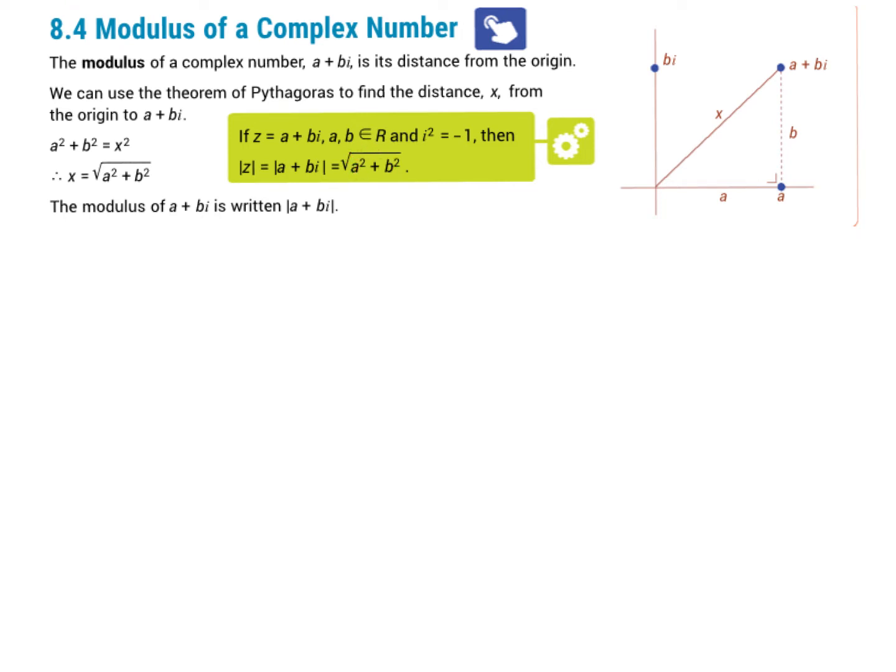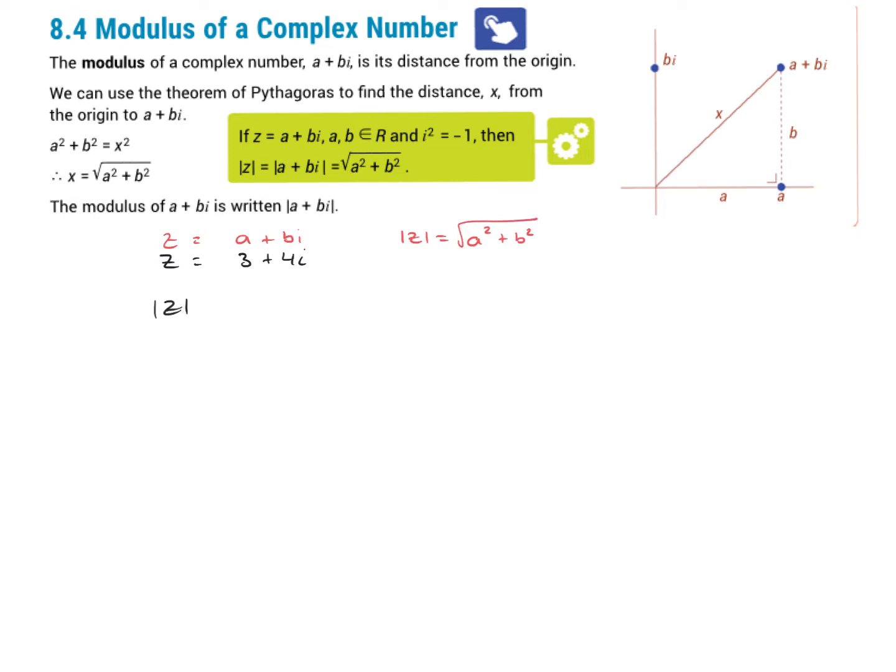Now, how do we do that? It's very, very straightforward. So if I told you that z is equal to 3 plus 4i, and I want to find the modulus of z, well, if I just label it, this here is z is equal to a plus bi, and we're told that the modulus of z is given by a squared plus b squared square rooted.